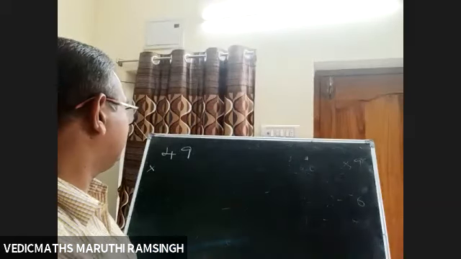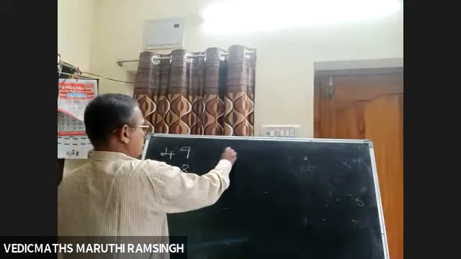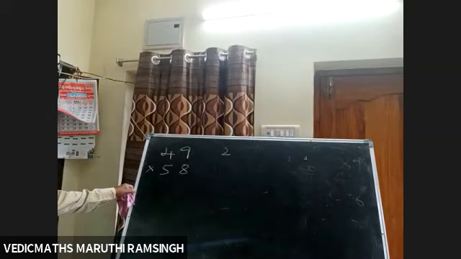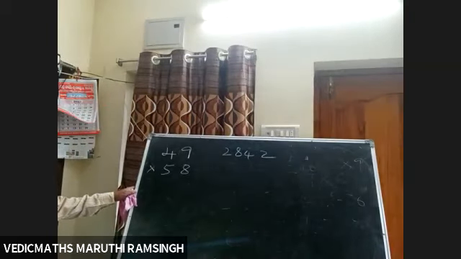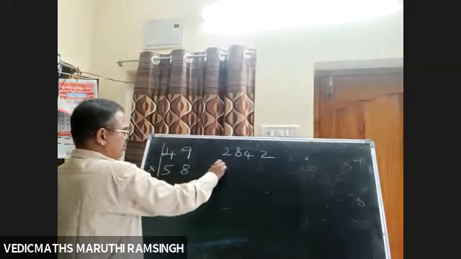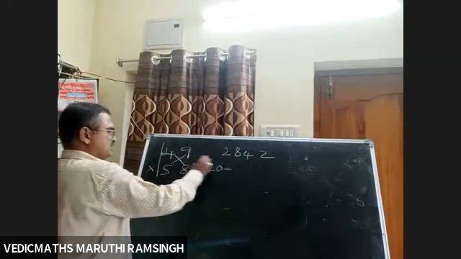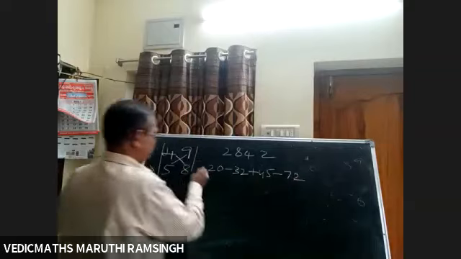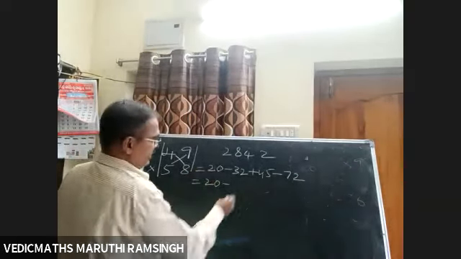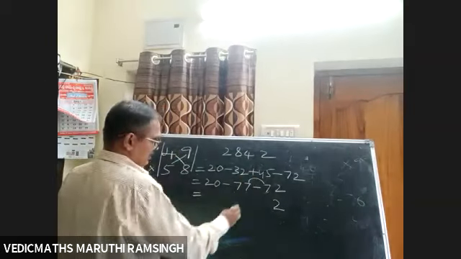Second number is 58. 2 8s are 16, 4 2s are 8... 4 5s are 20 dash. 32 plus 45. 9 8s are 72. 20 dash 77 dash 72. 2 will come out. 7 plus 7, 14.